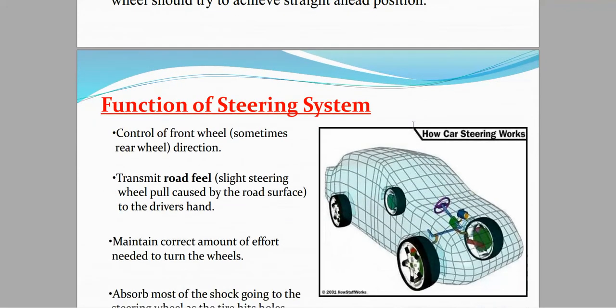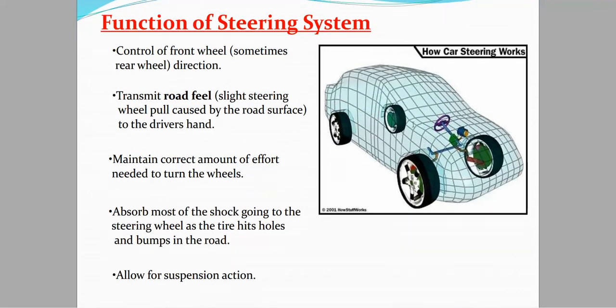In this case, through the steering system, the car will move in the straight direction by itself. Let's discuss about the functioning of the steering system. A steering system has control on the front wheels or sometimes the rear wheels, but mostly it is seen in the front wheels. It transmits road feel to the driver's hand.